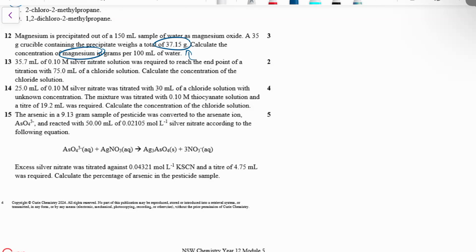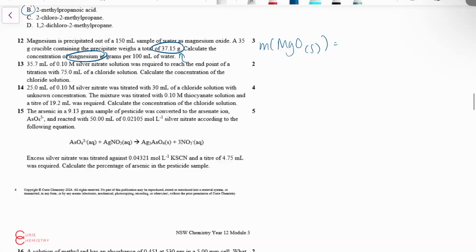So what do I do to get just the mass of the precipitate out? You minus 35 from 37.15. Yes, so the 37.15 is the precipitate plus the crucible. So precipitate plus crucible minus crucible gives me precipitate, which is 2.15 grams.